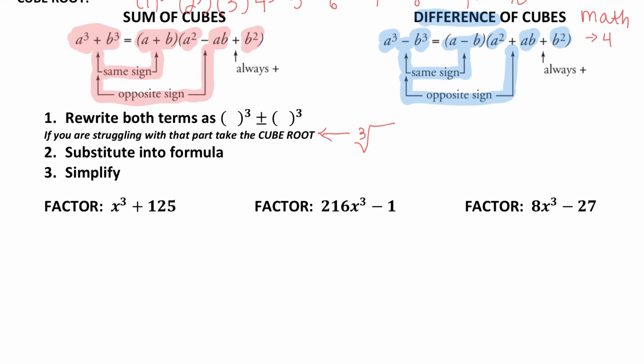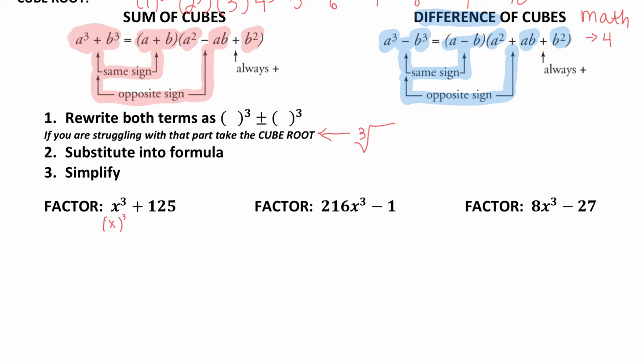All right, so for our first example, we have x to the third plus 125. Now, this has two terms. We notice that the first term has a cube, so this is kind of our clue that this might be a sum of cubes. So let's write down what cubed equals both of those terms. So x cubed is obviously x in parentheses cubed. 125.